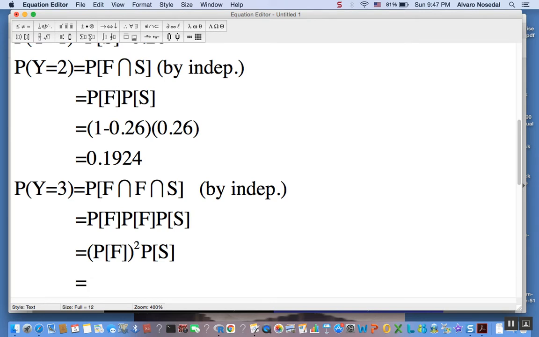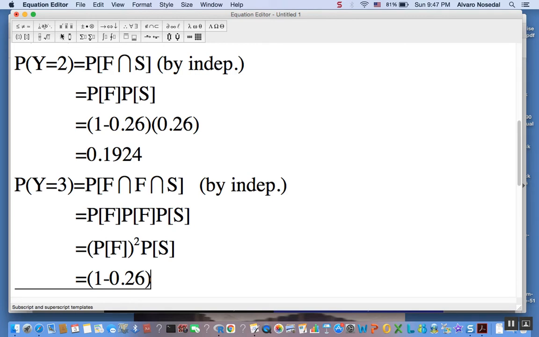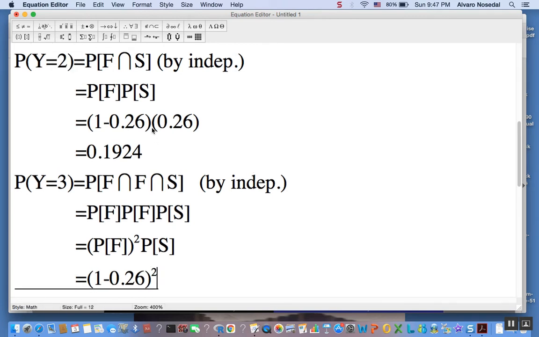Now we know that the probability of a failure is 1 minus 0.26. We're going to be squaring that, and the probability of success 0.26.